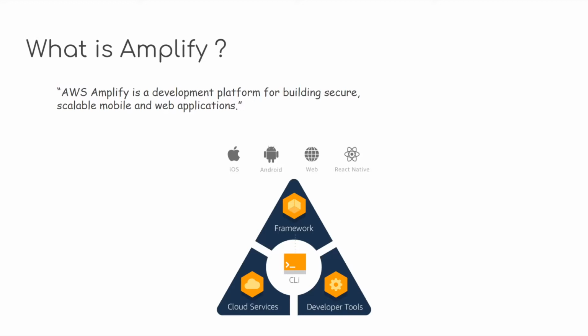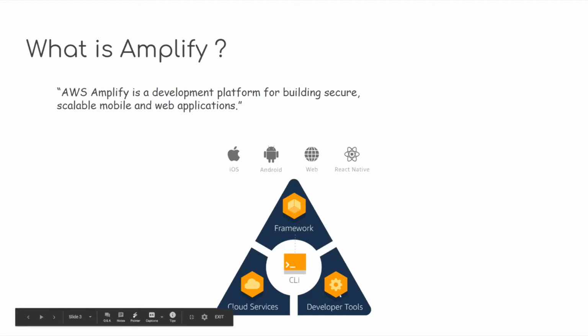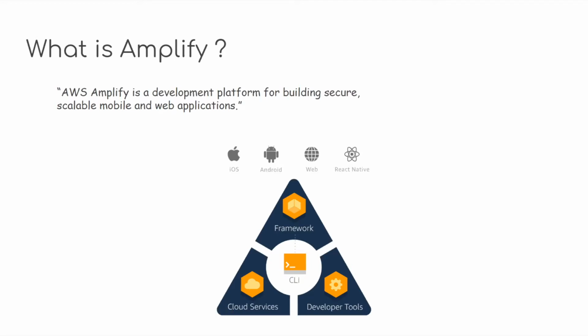The framework leverages a set of core cloud services that you can use to build your application backends. And the developer tools include tools like the Amplify console, which helps you with continuous deployment.